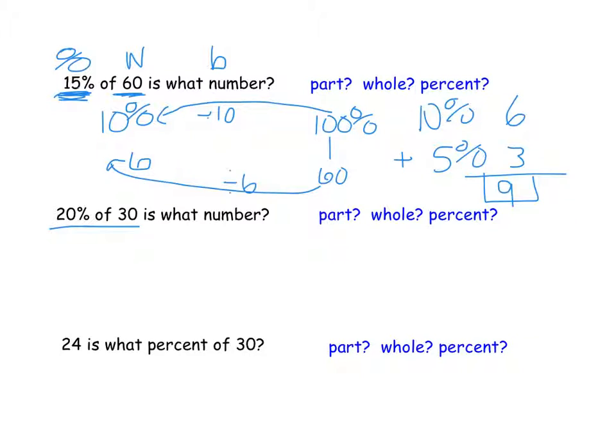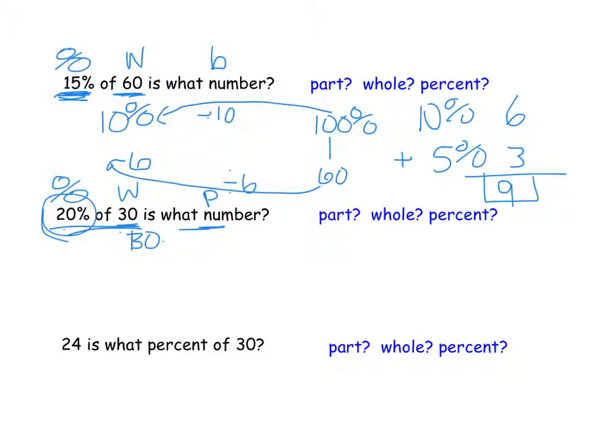What about this one? 20% of 30 is what number? So this is my percent, and I'm taking a percent of the whole to end up with my part. So I can think 30, I'm going to get down to 10%.